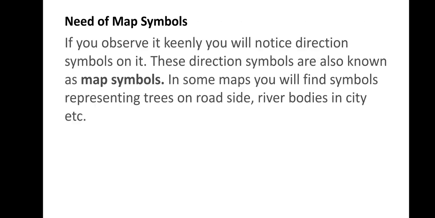Now, if you observe this map keenly, you will notice direction symbols on it. These direction symbols are also known as map symbols. In some maps, you will find symbols representing trees on roadside, river bodies in cities, etc. You can see the map again.